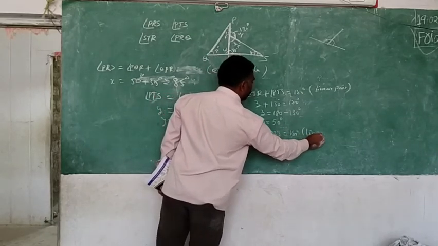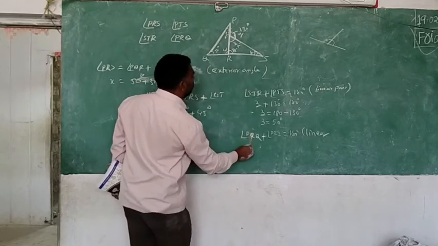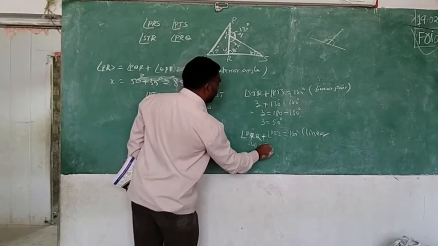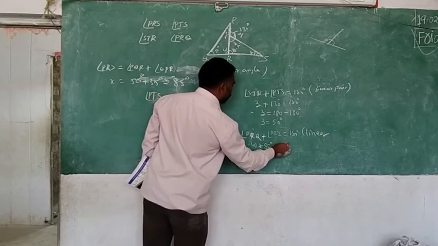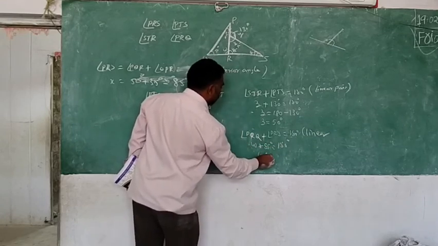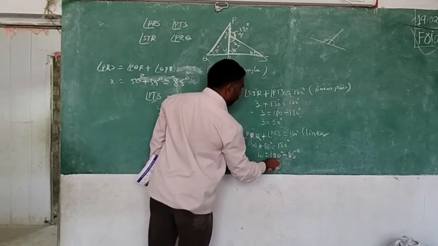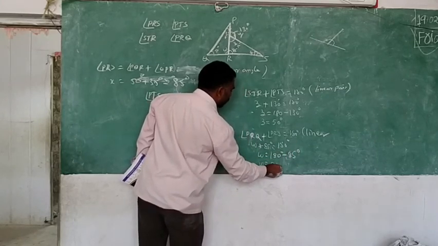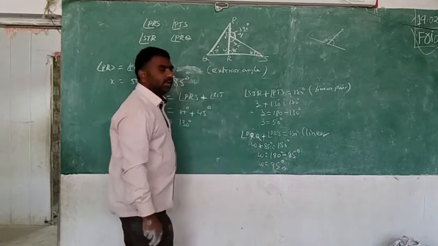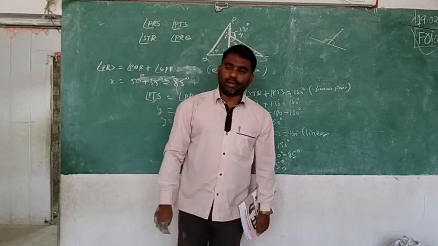The reason here is also linear pair. This is W. W plus 85 is equal to 180. W is equal to 180 minus 85. So W is equal to 95 degrees. Okay, like that all angles you have found.